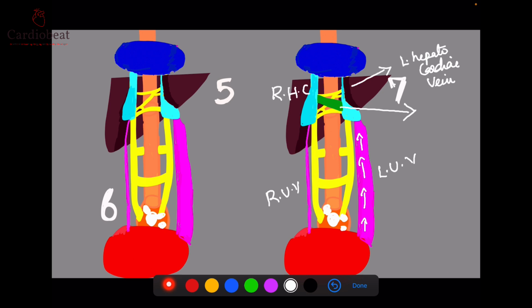So the green colored structure over here is the anastomotic channel across the left umbilical vein and the right hepatocardiac vein. This is the seventh change that is happening across the visceral venous system. This anastomotic channel is named the ductus venosus.